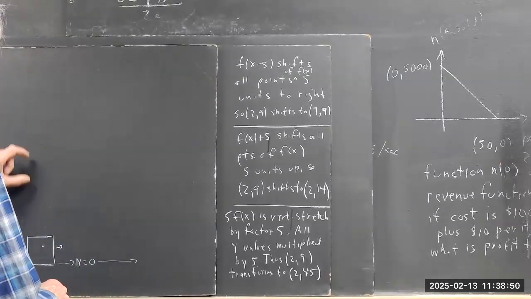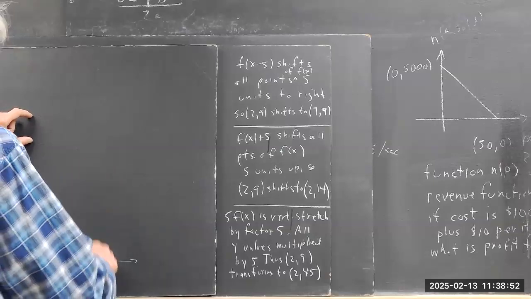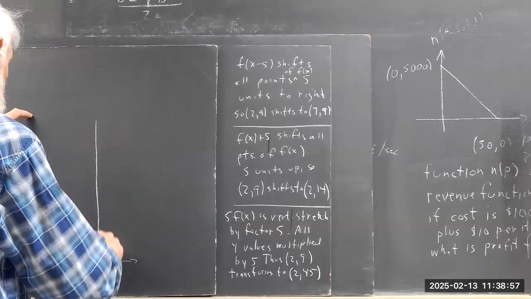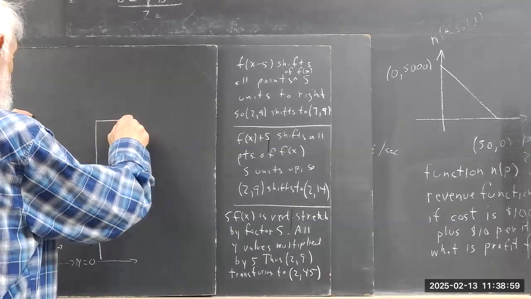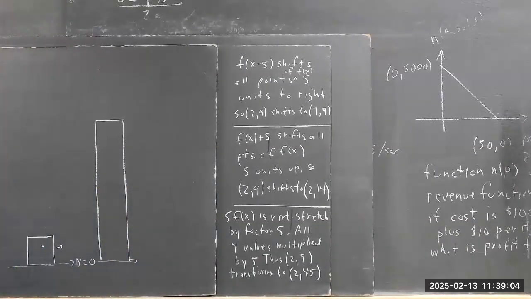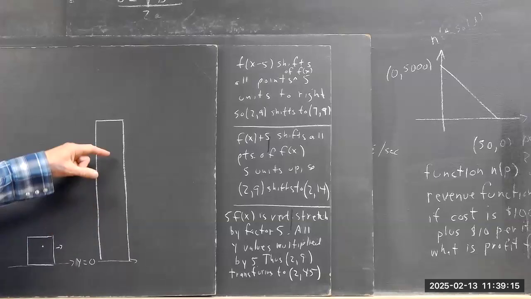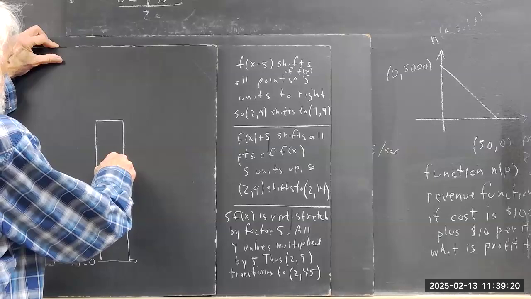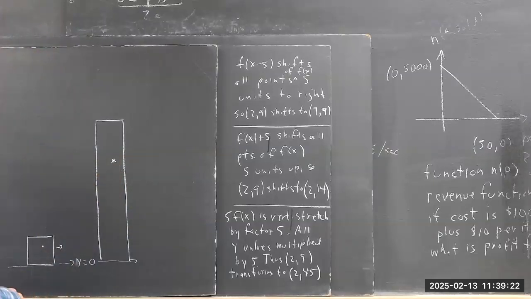It's going to be a little tall rectangle, not going to get any wider, but a lot higher. So this point is about 2/3, 3/4 of the way from the bottom to the top. Its x coordinate is going to change.